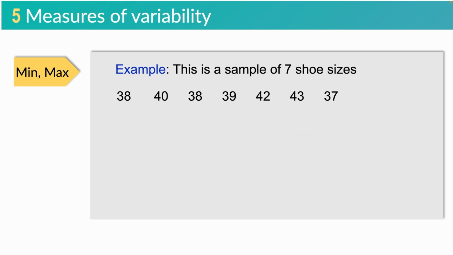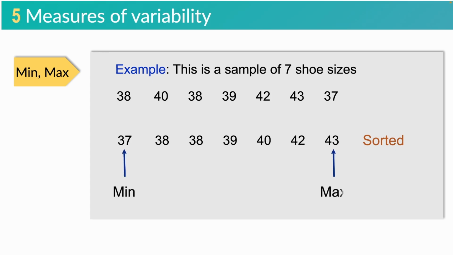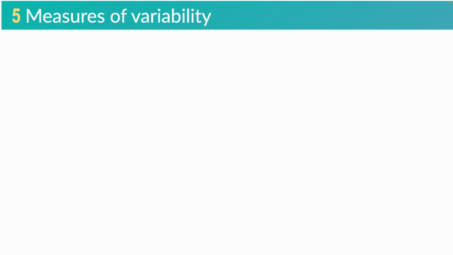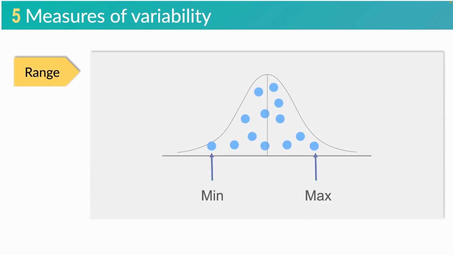We will calculate the min and the max of this dataset with 7 observations that we already know from previous slides. To calculate min and max, first we sort the data from the lowest to the largest. Then we can easily find that the min is 37 and the max is 43. After we identify max and min, we can calculate the range of the dataset.